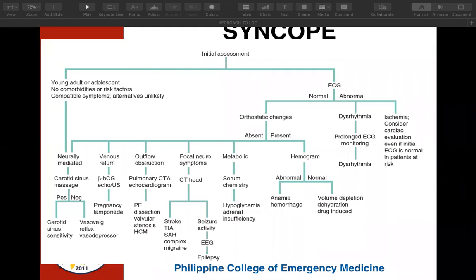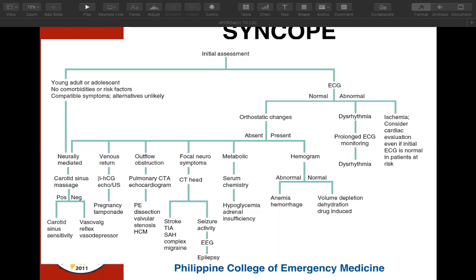Usually, young adults or adolescents who have no comorbids or risk factors, the cause of their syncope is usually neurally mediated. So you can actually do a carotid sinus massage. If it's positive, probably the cause of the syncope is carotid sinus sensitivity.